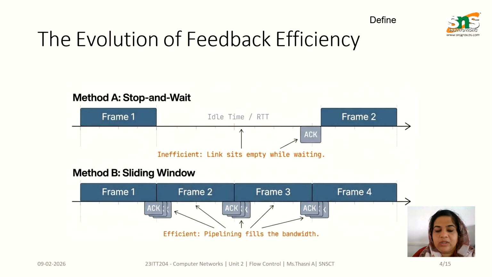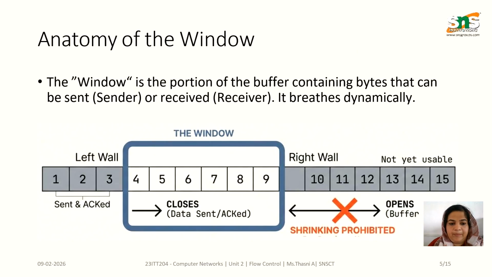Then once we receive the response, we send the acknowledgement for frame 2. And in method B, we use the sliding window, where the frames and acknowledgements are pipelined one by one, which fills the bandwidth, so that without any interruption the sender keeps sending data till the end.